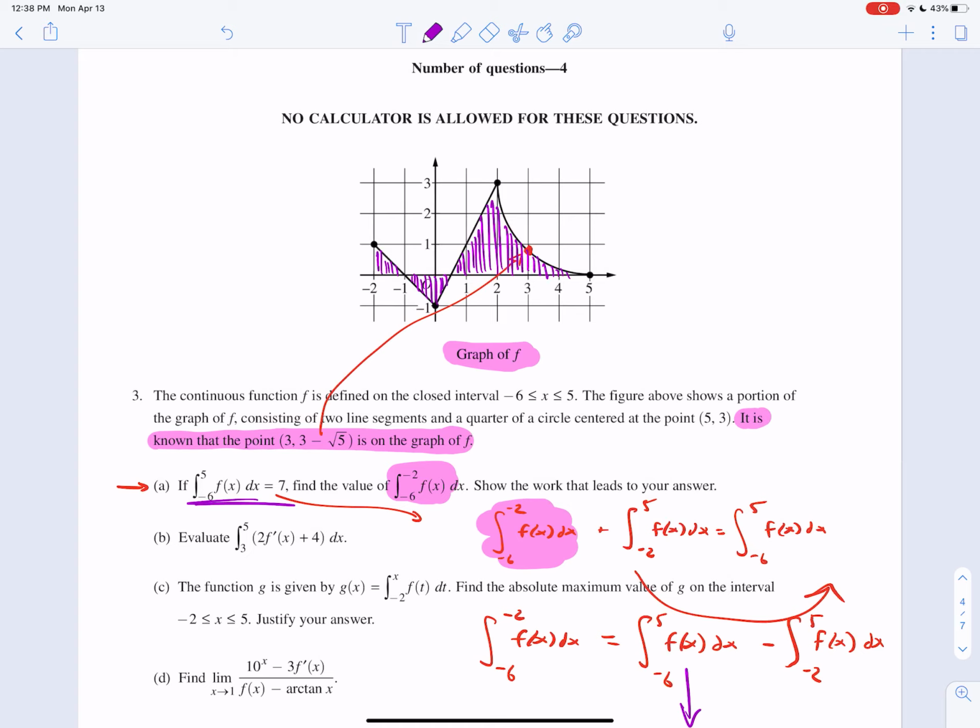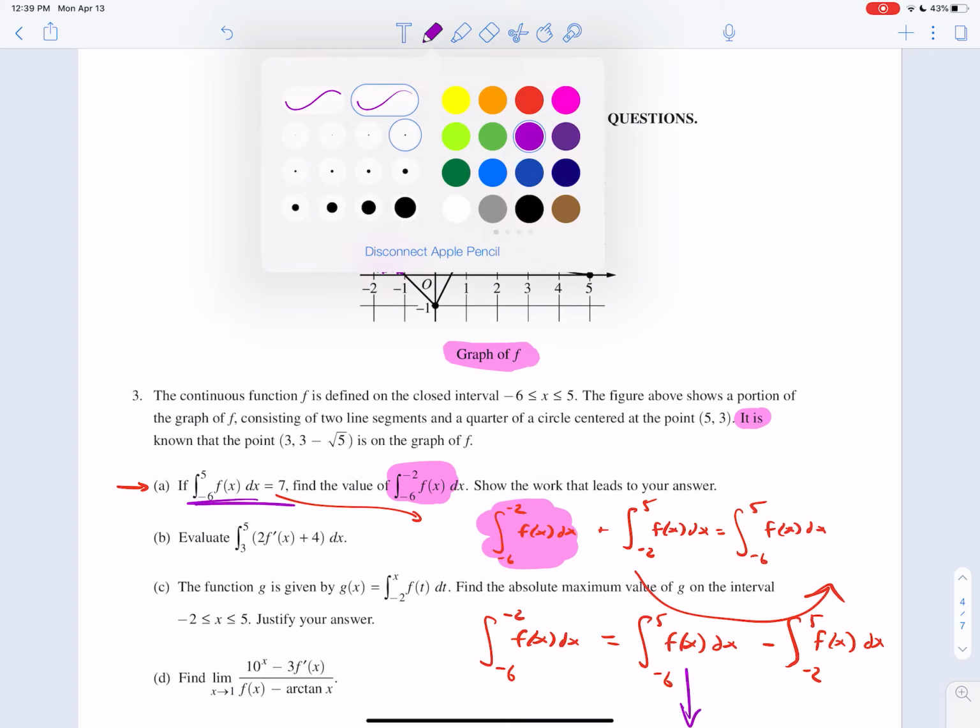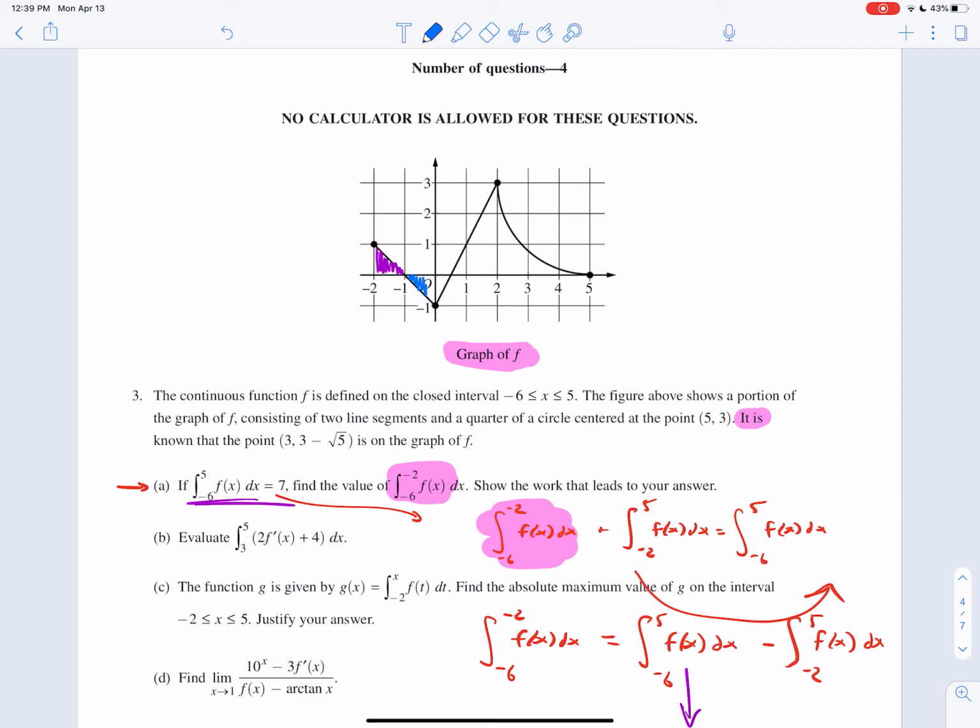Okay, there's a lot going on, and you can actually make this a little bit easier. So I want you guys to take a look. I shaded pretty much everything in between the curve and the x-axis from negative 2 to 5. If you notice, from negative 2 to negative 1, and from negative 1 to 0, they actually have exactly the same area, but opposites.